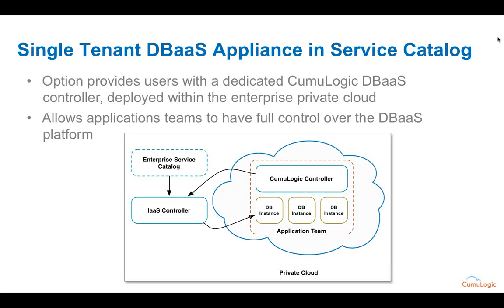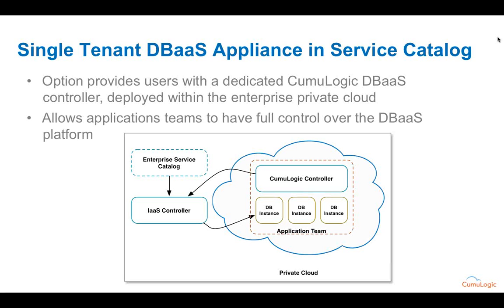And in this scenario, you're not saying we want to offer you databases as a service, but you are saying to the application teams, you can control your own database as a service infrastructure, and by adding the CumuLogic controller to your service catalog, you can easily deploy lots of CumuLogic controllers. Each one would be under the full control of the application team.